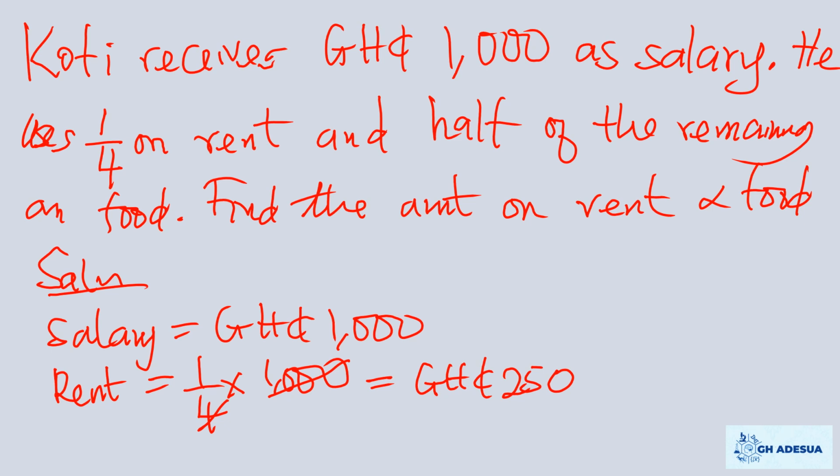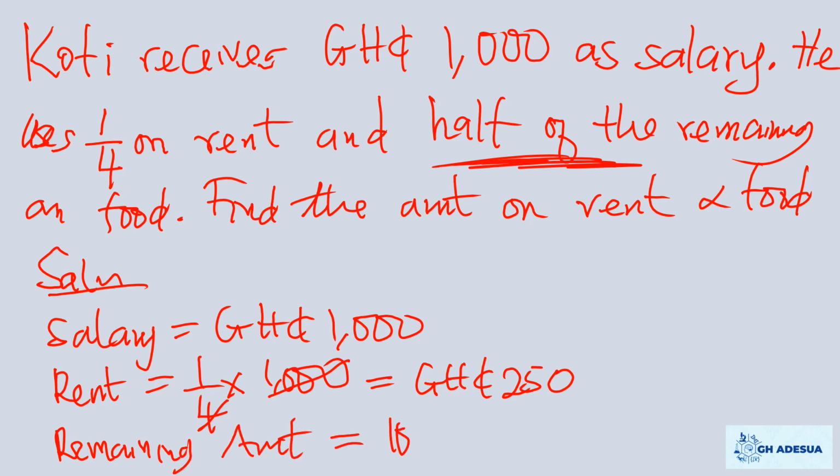And then it goes on to say, and half of the remaining on food. This means that we need to find the remaining amount before we find half. So remaining amount is equal to 1,000 minus 250, which is 750. And we have to find half of that remaining. So we're going to find half of 750 to be food.